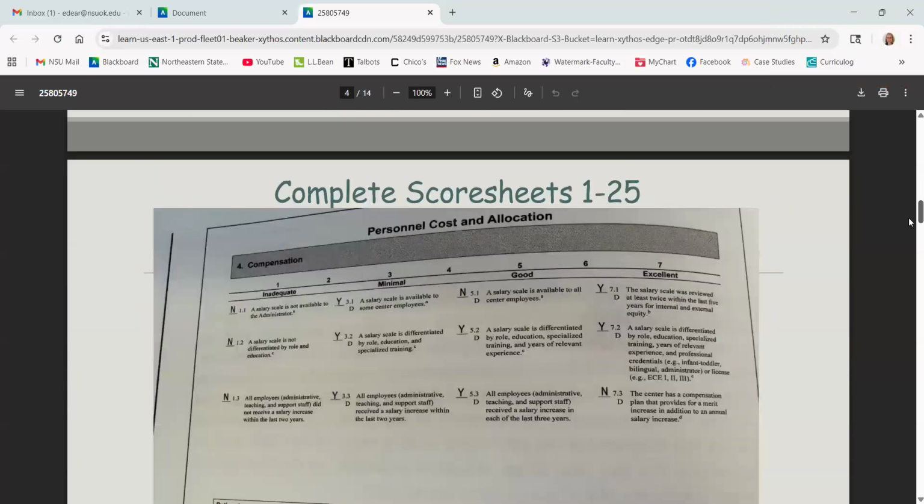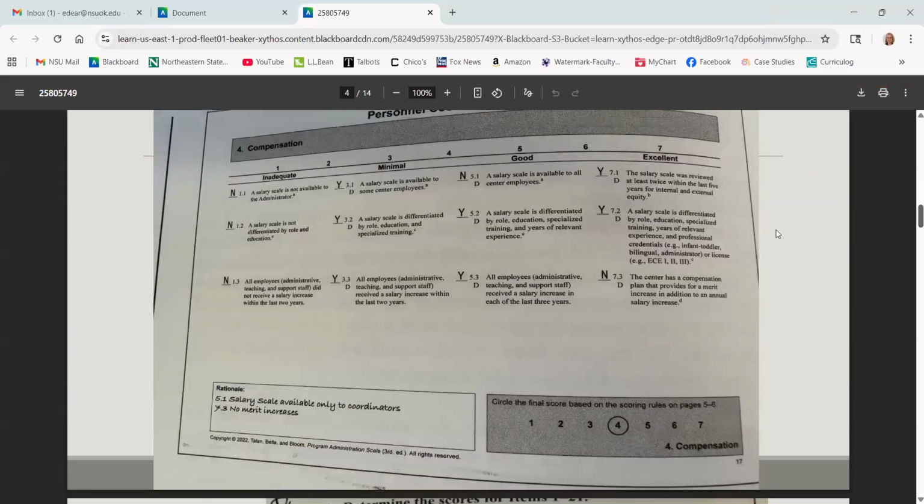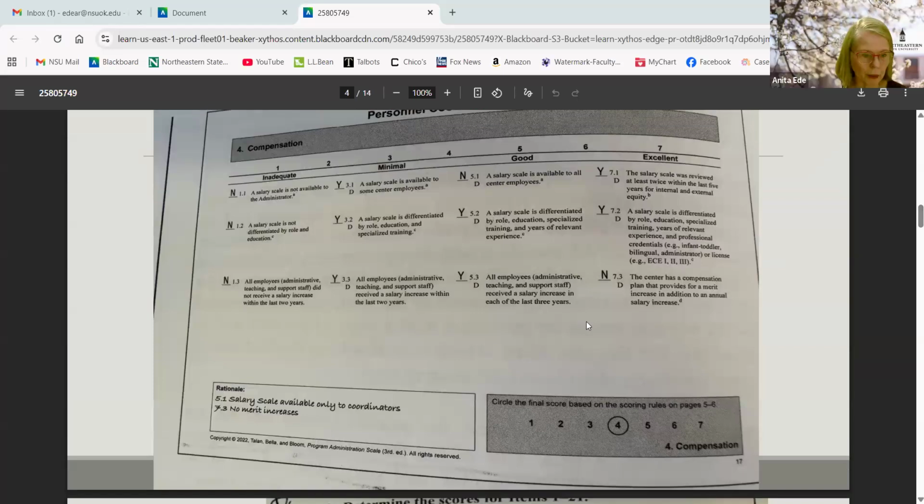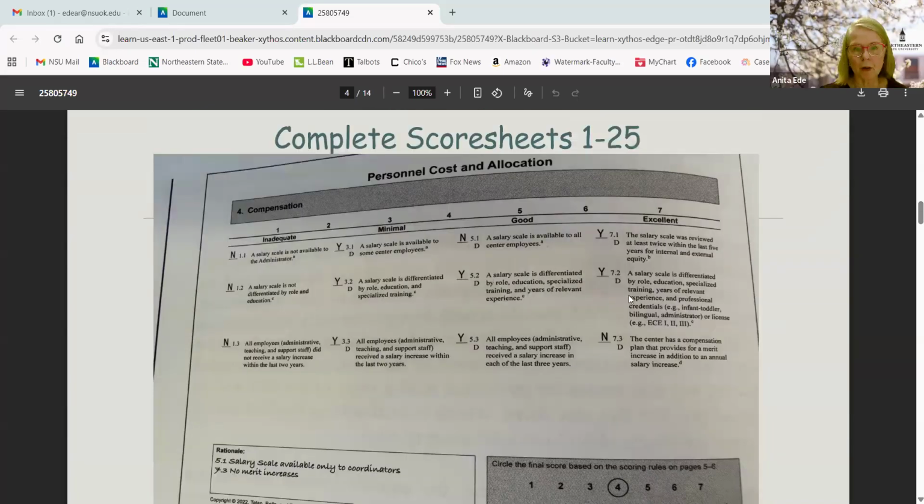Let me go over here. I'm going to start sharing, and I'm going to go to my practice. Can you see the practice? Okay. So here is personnel cost and allocation. And so here we have a salary scale is not available.